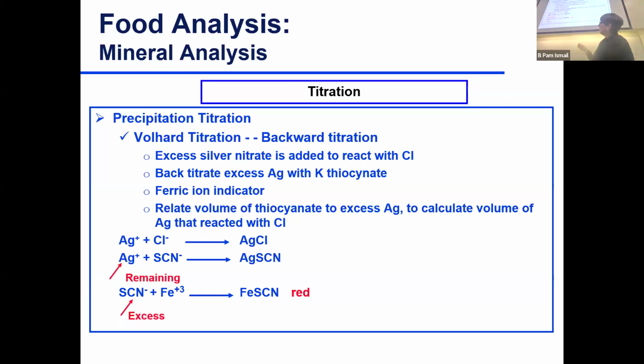And then the next drop of your titrant, in the presence of an indicator, ferric ion, will give you a red color. And that would be the end of titration. So basically you put excess silver nitrate in your solution, and then you titrate with thiocyanate to an endpoint that is red in the presence of ferric ion as an indicator.